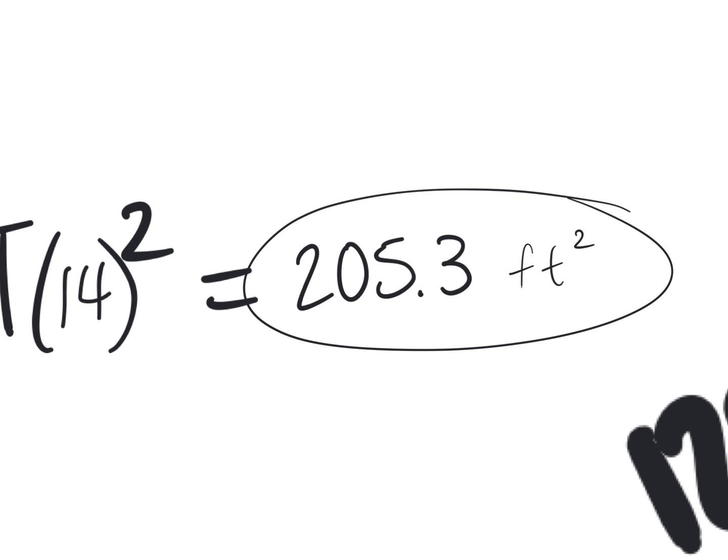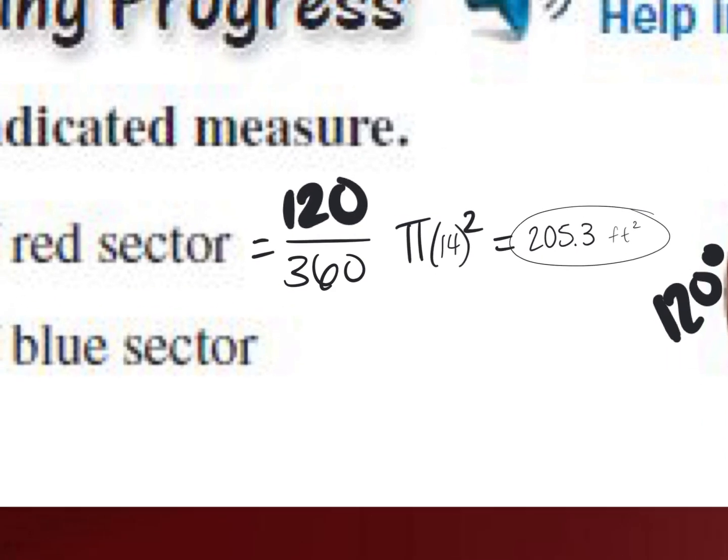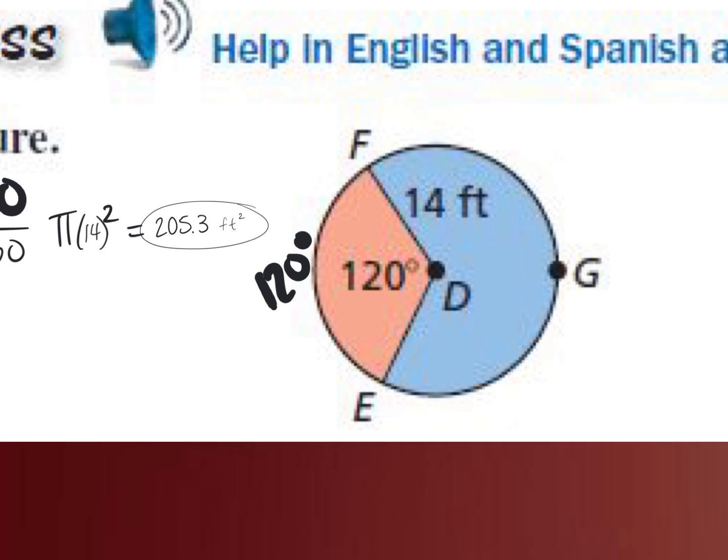Okay, last one. Let's find the area of the blue sector. How many degrees is the blue sector, and how do you know? Yes, 360 minus 120, which gives me 240 degrees. Why did we do that? Why are we able to do that? Because the whole circle is 360, right? So if we subtract the red sector's part, we get the blue sector's degrees, or its measure.